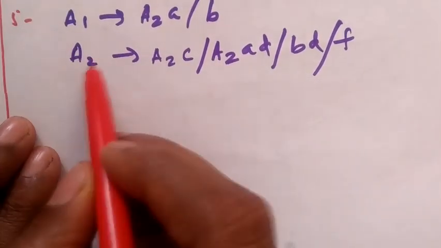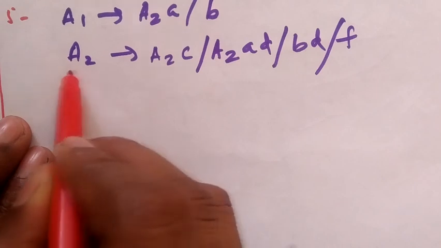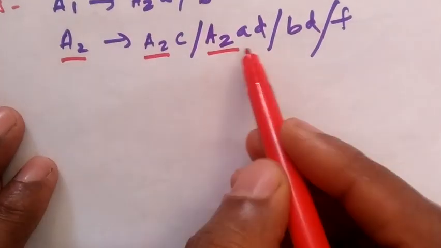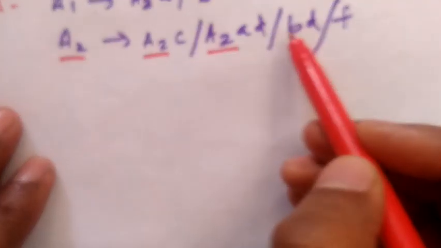Then the fifth step is removing immediate left recursion. So here A2, here A2, then again here also A2. So two productions have immediate left recursion. So these two are the beta.